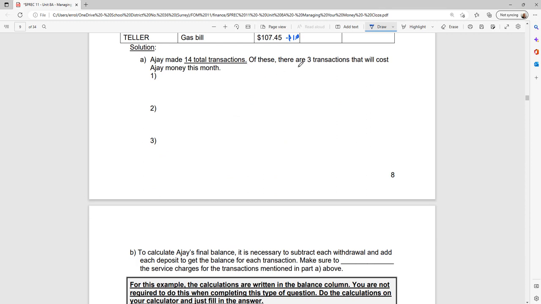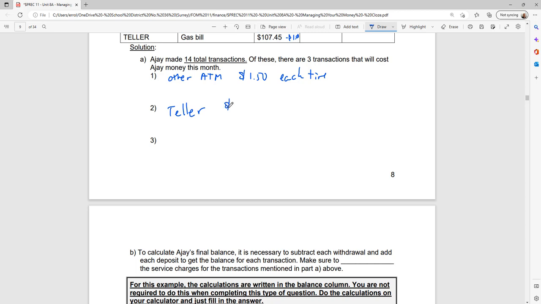Of these, there are 3 transactions that cost AJ some money. So one of them was another ATM, and that cost him a service fee of $1.50 each time. And then he did 2 transactions of $1 because he used a teller.